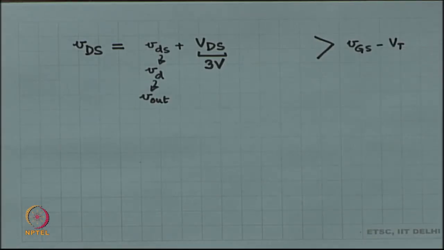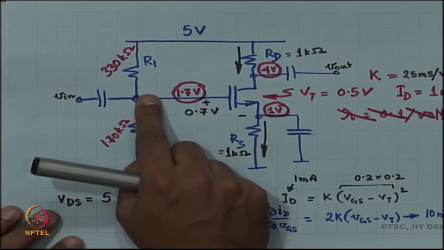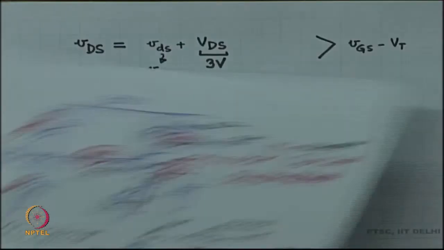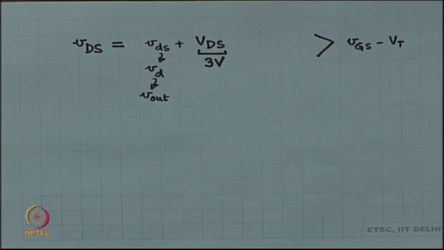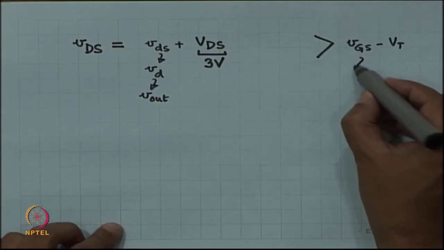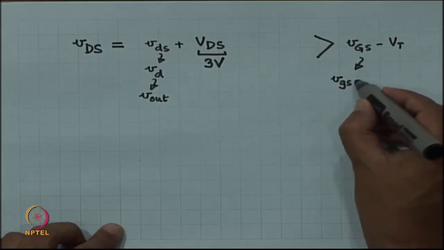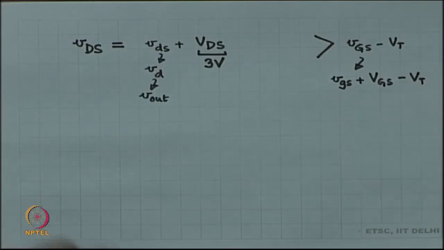Okay. Now, in this case, the gate voltage is also going to be changing. When the gate voltage increases by 1 millivolt, the drain voltage decreases by 10 millivolts. That is what it means by having a gain of minus 10. All right. So, be careful over there. Once again, small VGS minus VT, small VGS comprises of small VGS plus capital VGS. Okay.